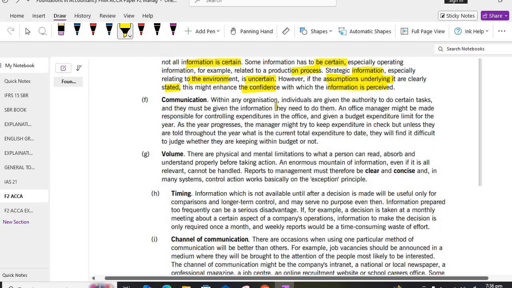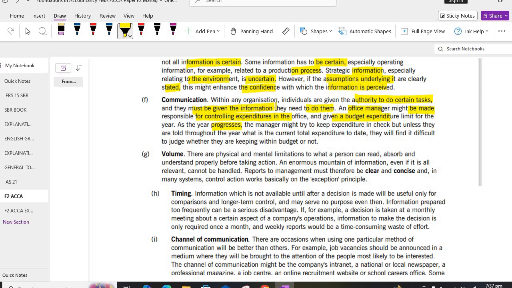Clear? Then we have discussed communication: within any organization, individuals are given the authority to do certain tasks, and they must be given the information they need to do that. So an office manager might be made responsible for controlling expenditure in the office and given a budget expenditure limit for the year.